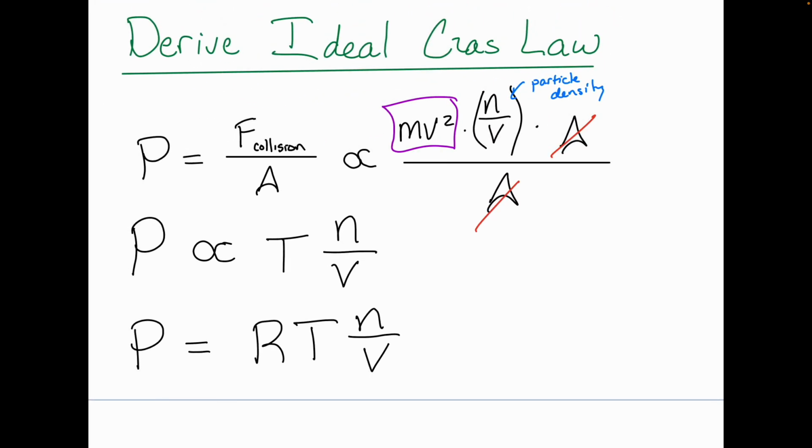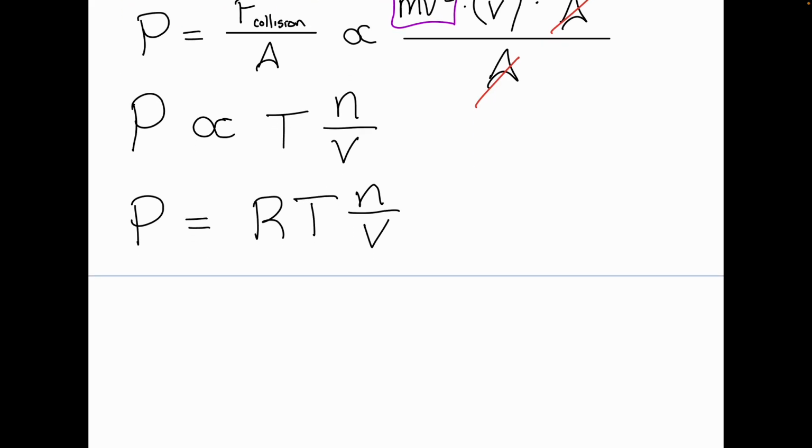All right, and so you can derive this ideal gas law by starting with those four assumptions in our kinetic molecular theory. So what we say is an ideal gas is a gas that occupies no volume at all and that doesn't have any interactions with its neighbors. Because that's what we need according to our theory here.